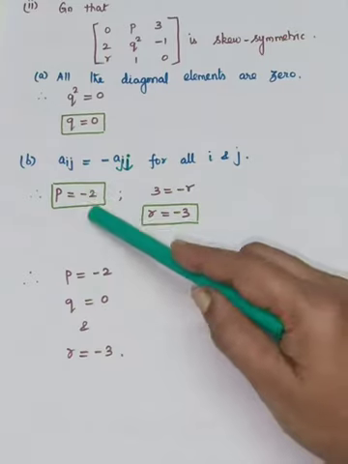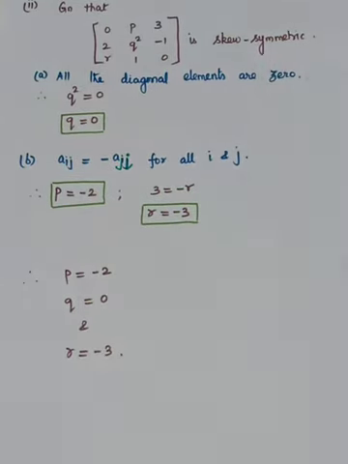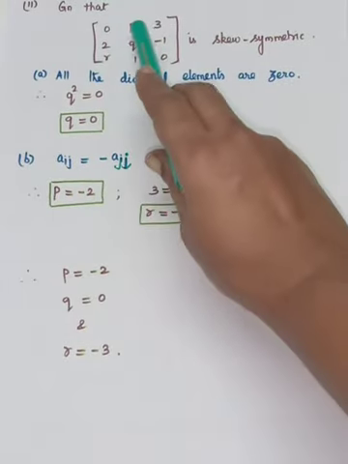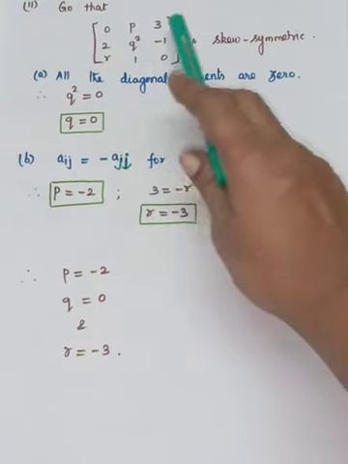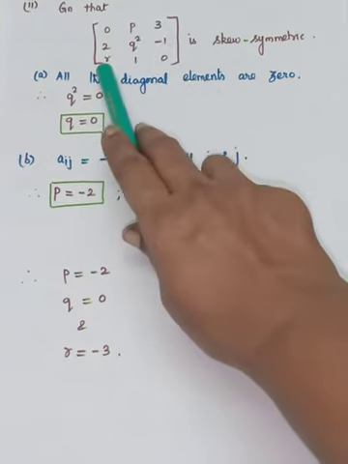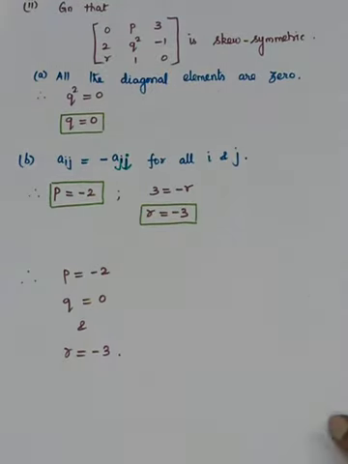So we have found the values of P, Q and R. Skew symmetric means all the main diagonal elements are 0 and Aij is equal to minus Aji. So A12 is equal to minus of A21, and A13 is equal to minus of A31. So we have found the values.